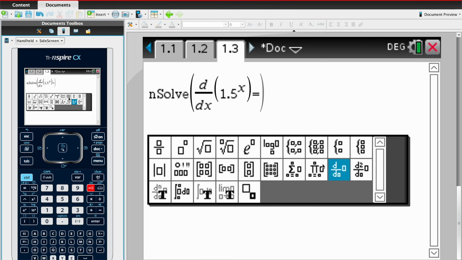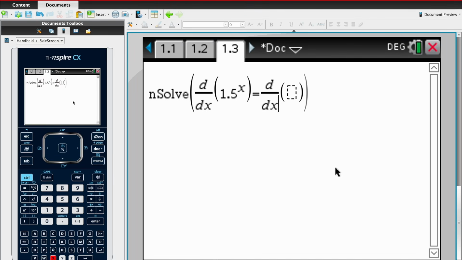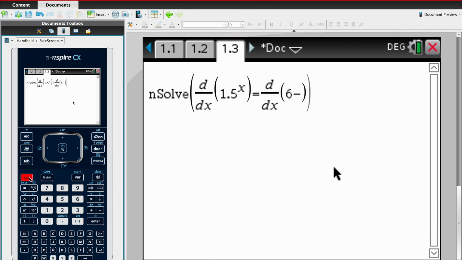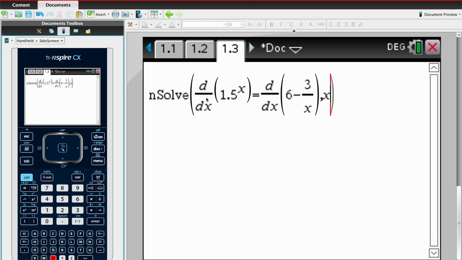So let's set up a derivative once again, and we'll set that up for g of x, which was given by 6 minus 3 over x. And just like we do with n solve, we ask it to solve for x. So although this looks maybe a little challenging, this is the derivative function.